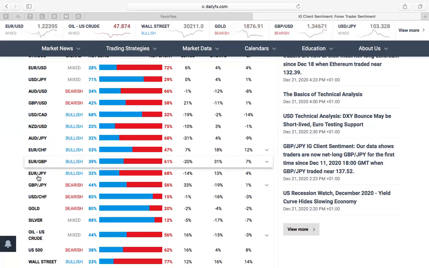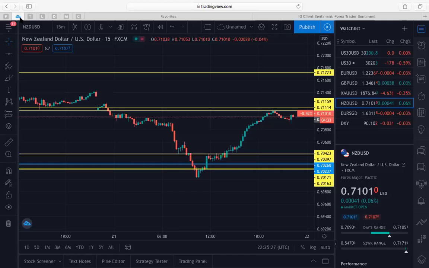And then AUD USD, you can see 66. If there's any change of trend on any pair, I'll send in a notification. But for now, the same trend I sent in yesterday will still be valid for today. So all I have to do is wait for pullbacks and then look for entries.